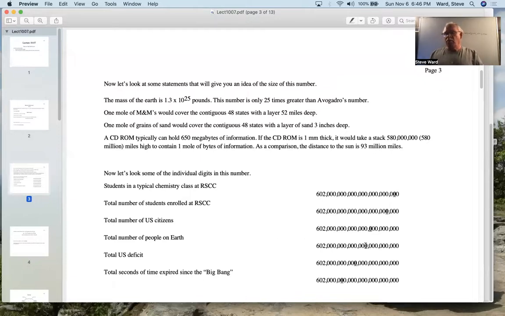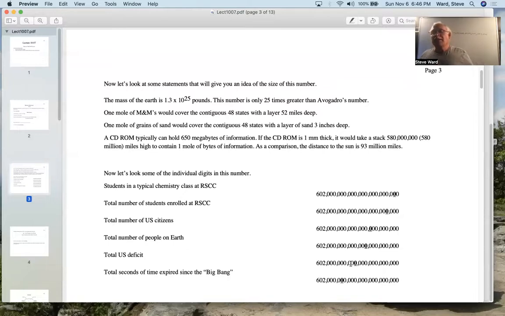The total number of people on Earth, how many people are there on Earth? Somewhere around 7 billion, only comes to this decimal place. When I wrote this presentation, the U.S. deficit was in this decimal place, the trillions. Now the deficit is $30 trillion, so we need to move that little decimal over one.